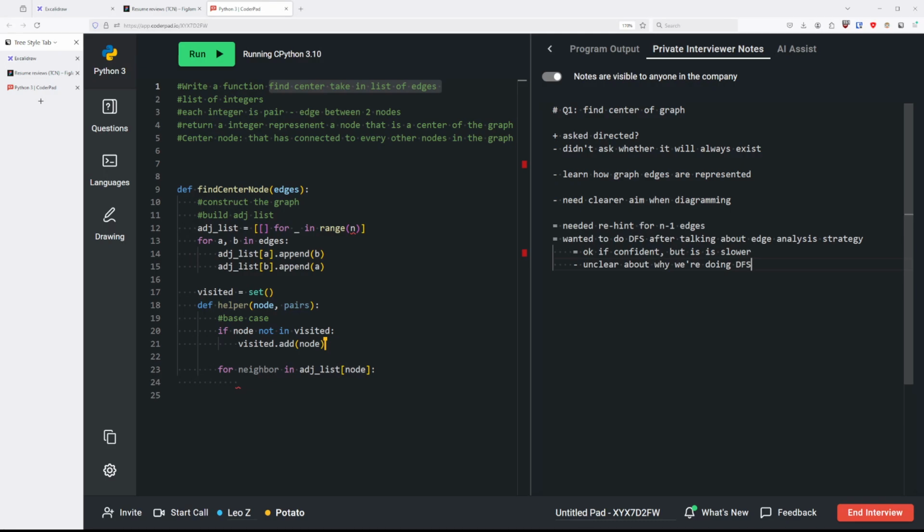So if not in visit, we add the current node to the visit set.